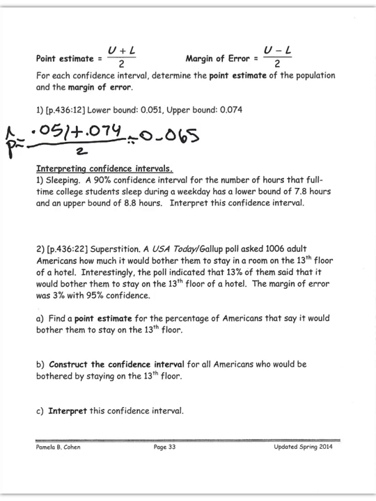And then if I wanted to find the margin of error, if I have the point estimate, I could subtract that from the upper boundary, and that's the distance between the middle and the top, or the middle and the bottom.